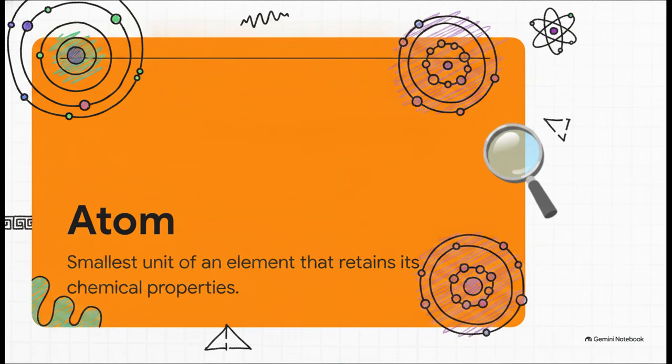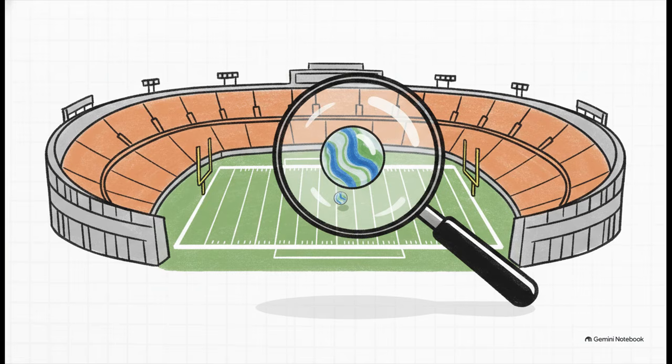For a long time, scientists were like, yeah, that makes sense. But modern science has actually shown us that the atom is made of even smaller pieces, called subatomic particles, and they're arranged in a very specific way. To really wrap your head around just how strange an atom's structure is, I want you to picture a massive football stadium. Thanks to some famous experiments, like Ernest Rutherford's gold foil test, we know that an atom is mostly just empty space.